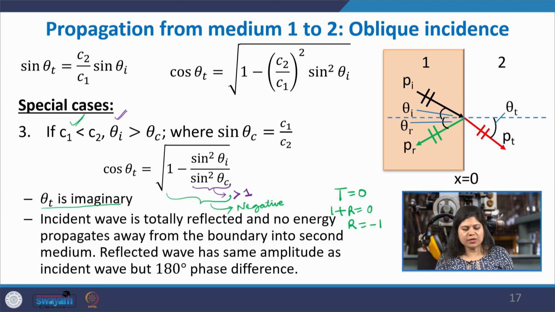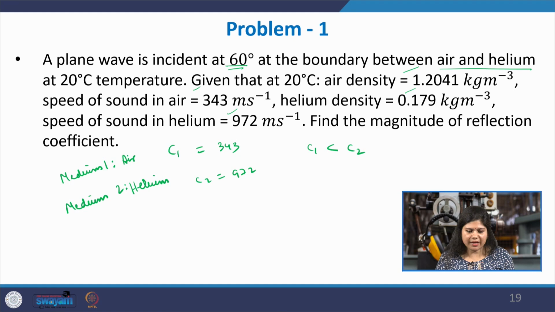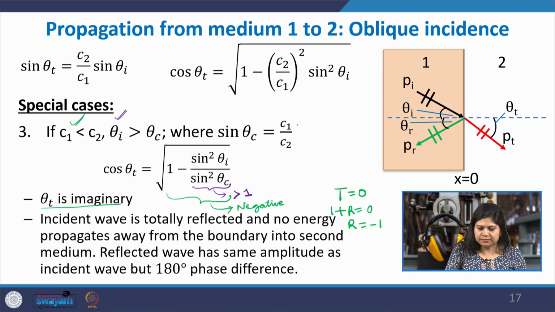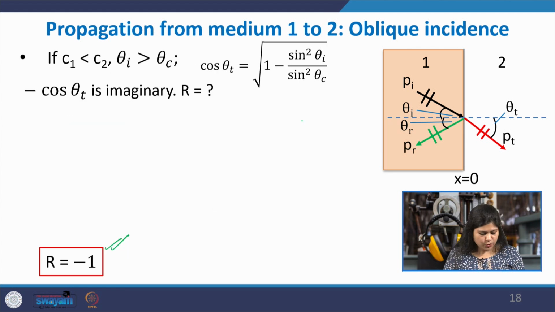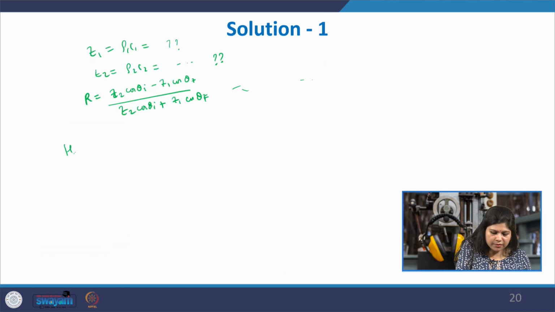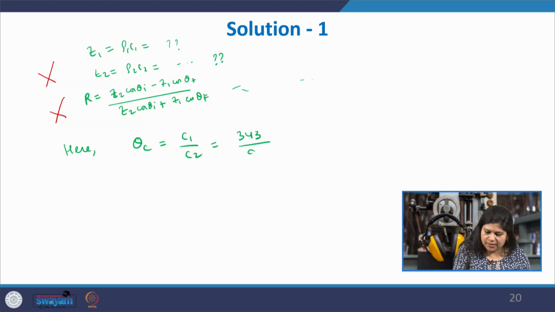So, let us find out what the critical angle is for this particular interaction. Okay. So, the critical angle is defined here as C1 by C2. Here sin theta c is C1 by C2, which is 343 by 972.